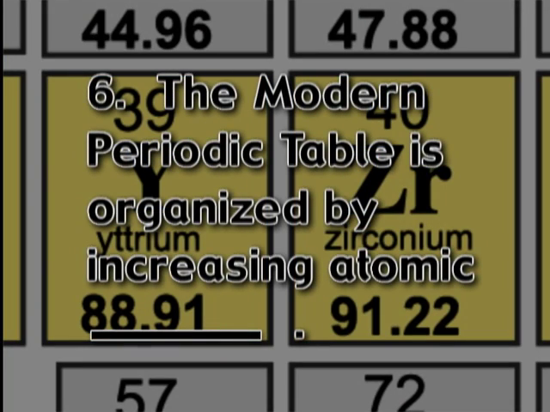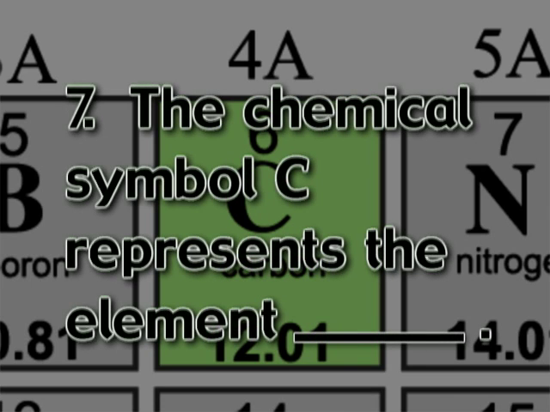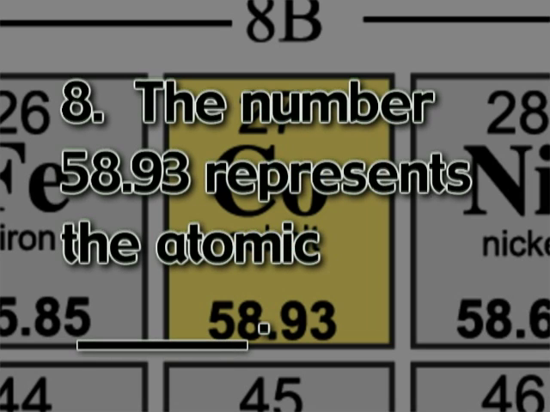Number 6. The modern periodic table is organized by increasing atomic blank. Number 7. This chemical symbol C represents the element blank. Number 8.